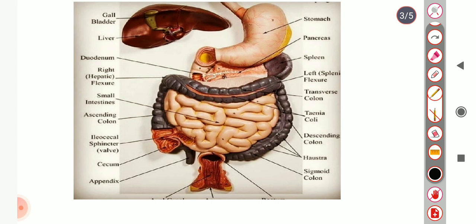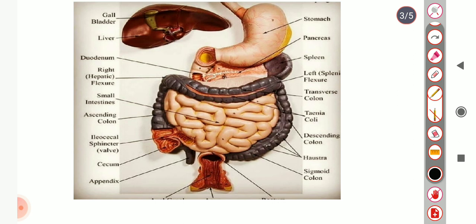Partial digestion of proteins and fats occurs in the stomach. It produces intrinsic factor, a glycoprotein, which is necessary for vitamin B12 to be absorbed in the intestine.